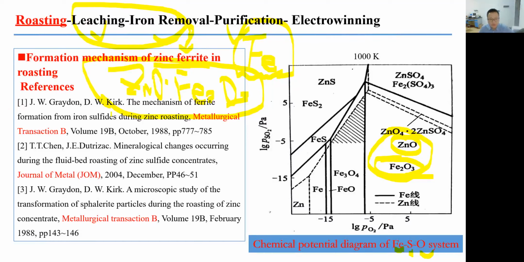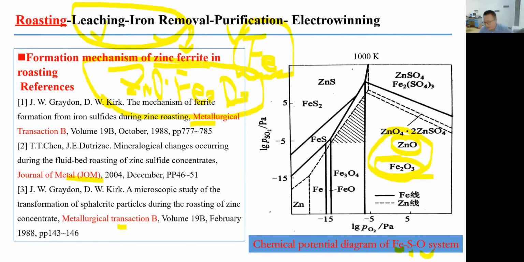A lot of researchers from different universities have done work on this, and the conclusion is that the formation of zinc ferrite cannot be ignored.